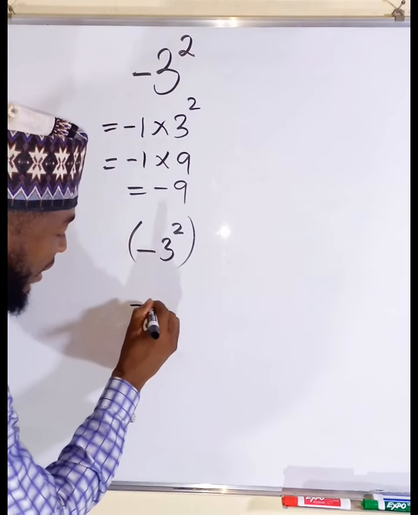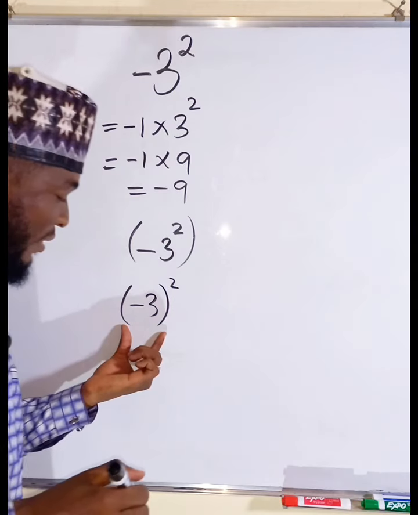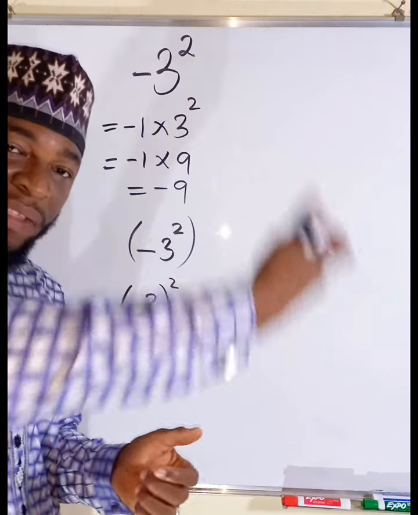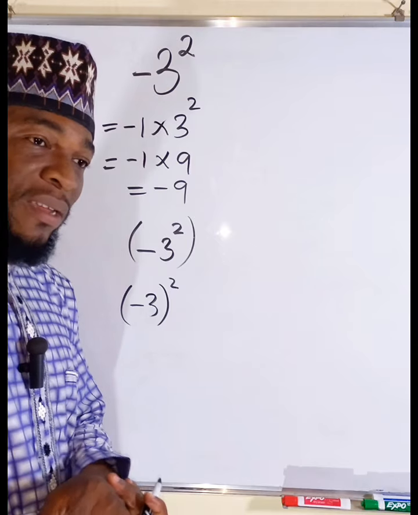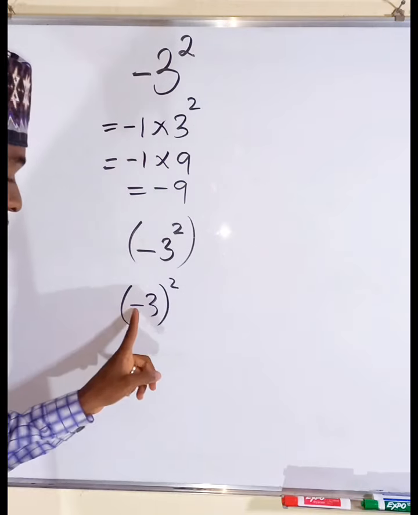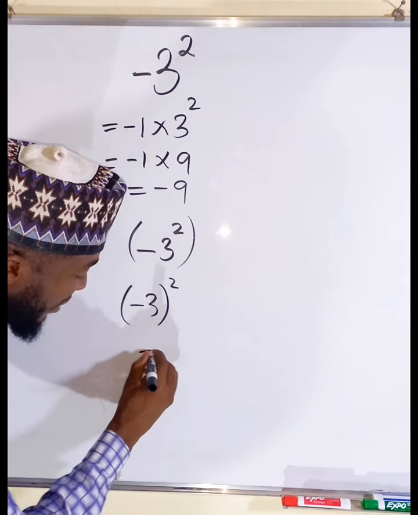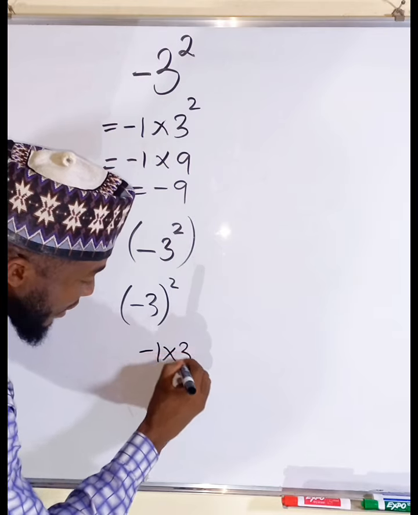But suppose we have (negative 3) raised to the power of 2. You can see that we have a parenthesis, but this 2 is outside the parenthesis, which implies that it is going to affect everything in that parenthesis, both the negative and the 3. And I told you that negative 3 is the same thing as negative 1 multiplied by 3.